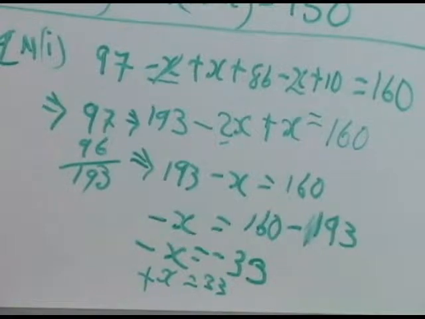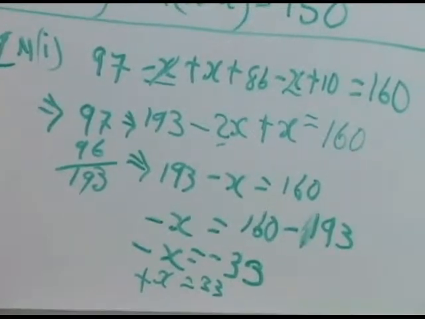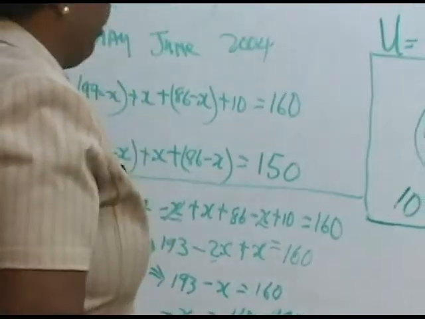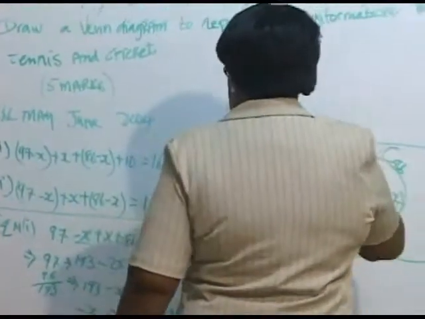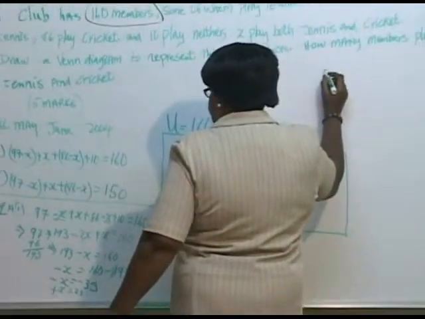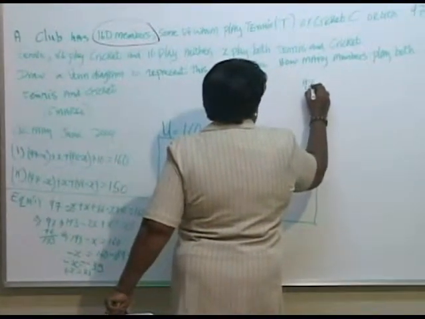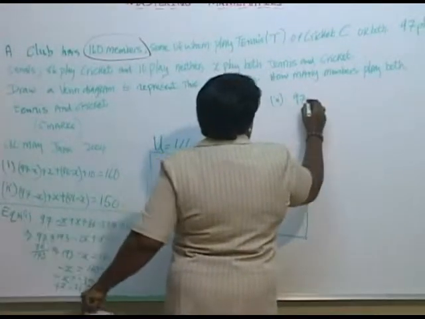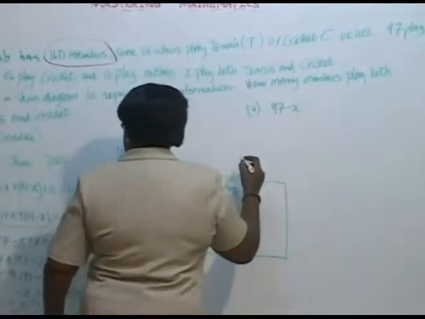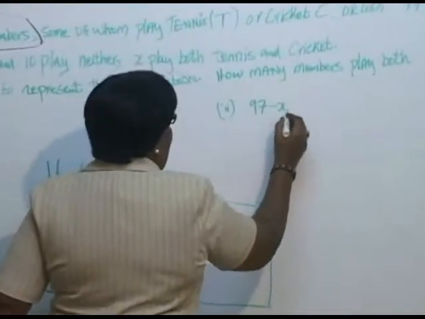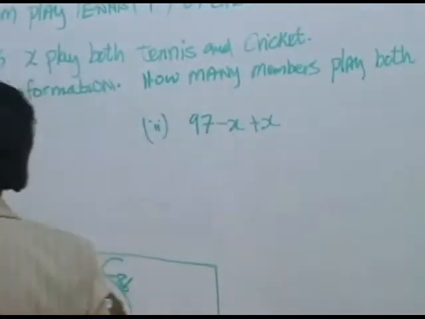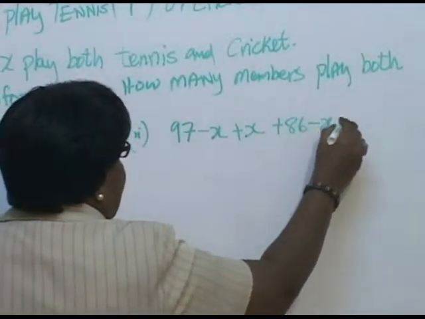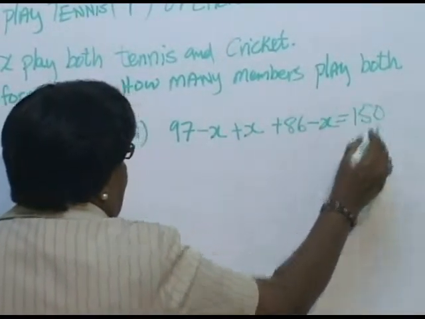Let us see what happens if we use our second equation. Now in our second equation, and I'm going to write it up here so it's high so you can see, we would have been saying from equation 2, 97 minus x, and it is plus x, and again plus 86 minus x is equal to 150.